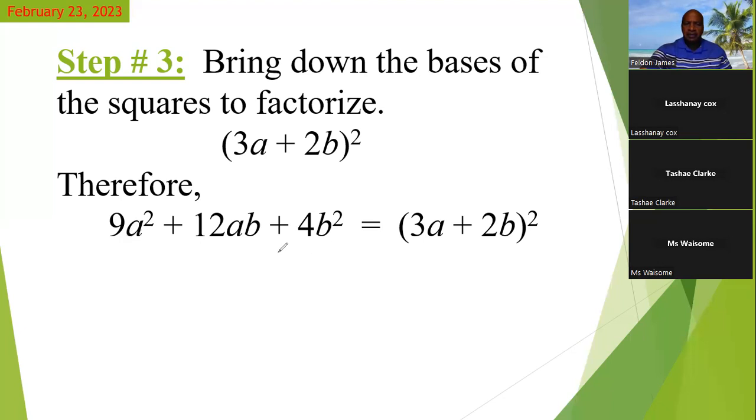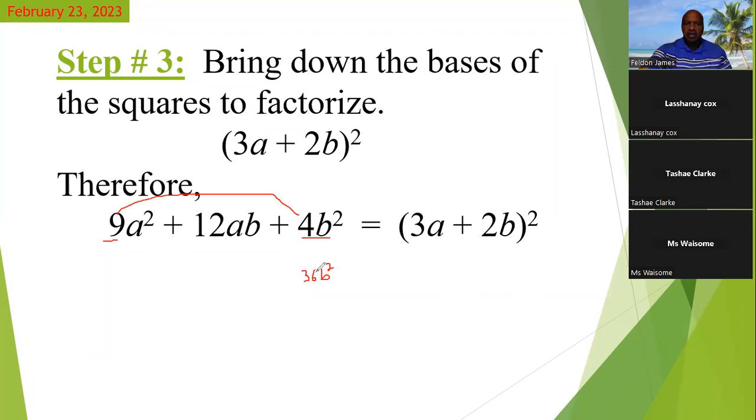Now, AC from the quadratic form, A would be the coefficient of the first variable. But remember, the last term, C, would be everything here. So AC would be 9 times 4B squared, right? 4 9s give you what? 36. 36 what? B squared.